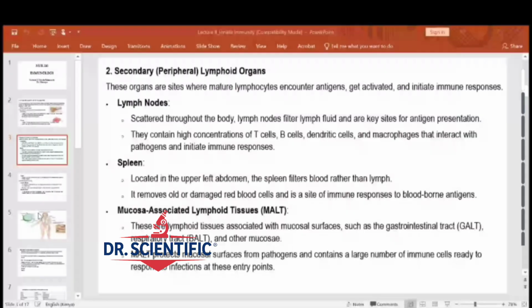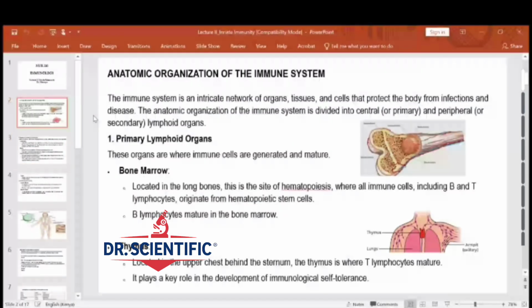Now, maybe let me do this. Bone marrow, what system can we classify it under? Lymphatics. Bone marrow is lymphatic. What about the thymus?